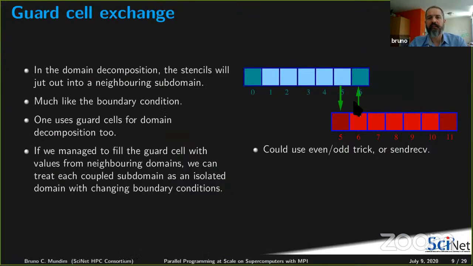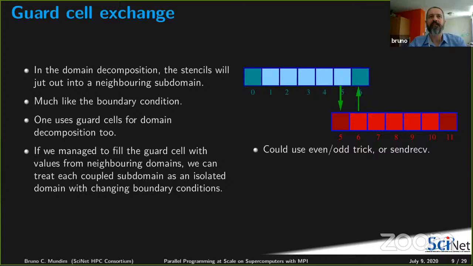Yeah, right. So if you do this computation from 1 to 5 and then exchange and update the cells, you're going to miss it; the value on 5 that depends on 6 will be wrong, because it's not updated. So you should update those values first.